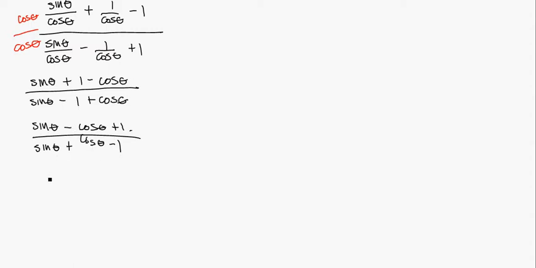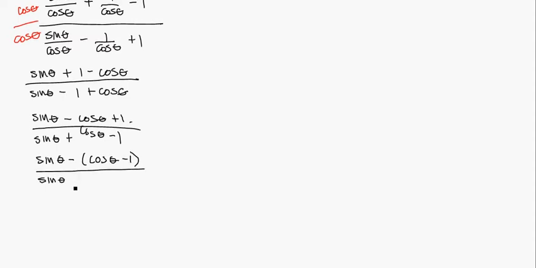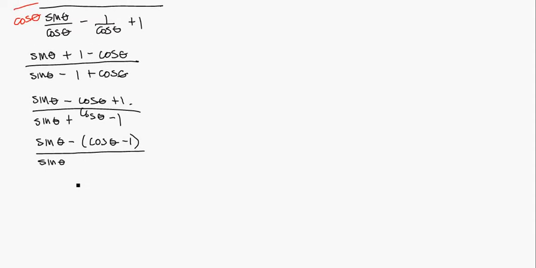So I'm going to take a negative out of this numerator here. So sine theta minus, so this is cosine theta minus 1. And the reason I did that is now my numerator and denominator are the same, except cosine theta minus 1. So this is plus and this is minus.